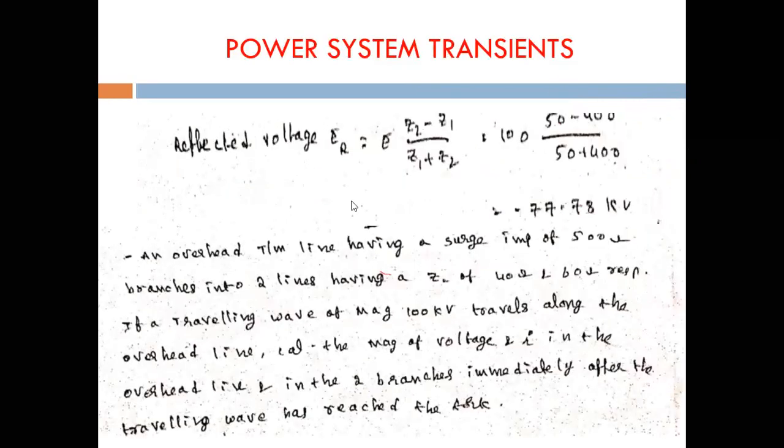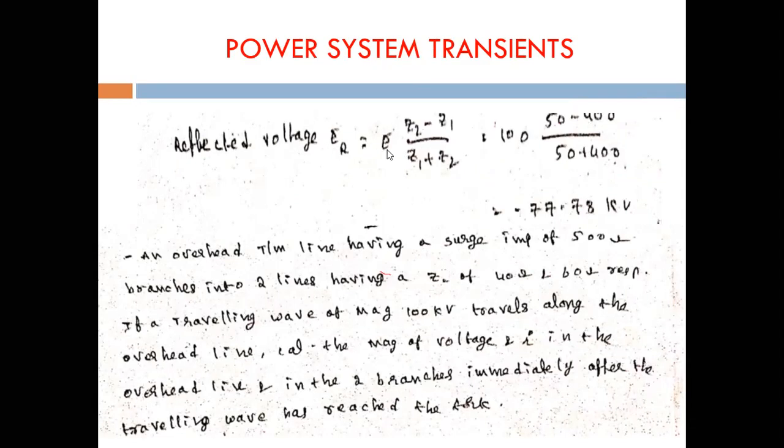Next, we find out the reflected voltage, that is ER. Therefore ER is equal to E into (Z2 minus Z1) by (Z1 plus Z2). This is the formula for the reflected voltage.